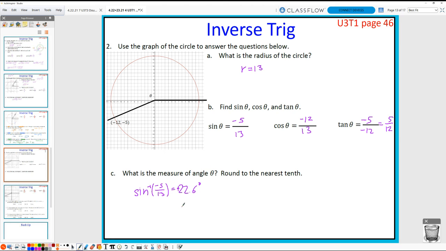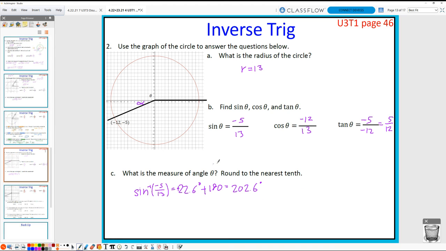First, I'm going to take the positive version of that, and I know that's this angle, alpha here. So I'm going to add 180 to that, and I will get 202.6 degrees.